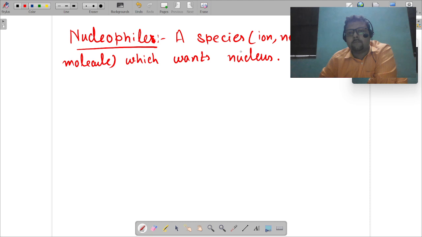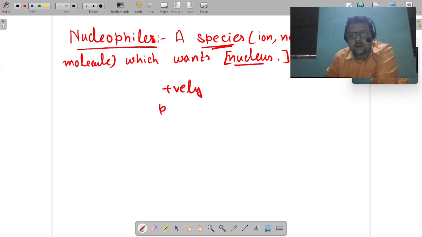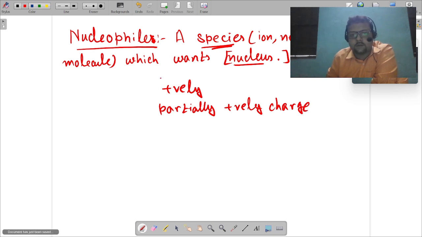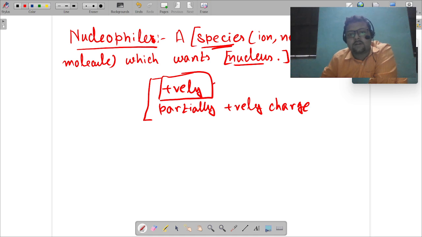What we imply by the word nucleus here is that this species wants either a fully positively charged or a partially positively charged center of a molecule. When I say positively charged, that simply means the species wants a cation.